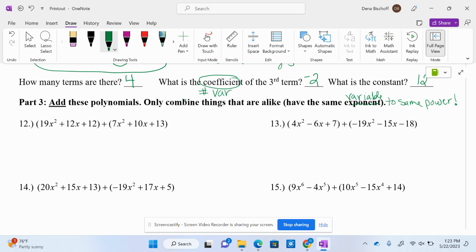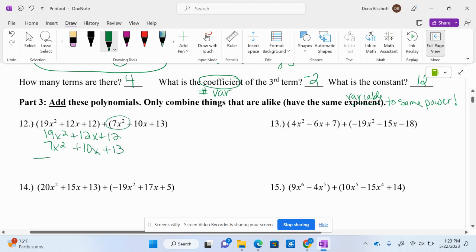So when we did these, my brain likes to work like when we started adding 3 and 4 digit numbers, I just stack them up. So the first one, 19x squared plus 12x plus 12. And right below that, I'm going to add 7x squared, lined up right below the 19x squared, 10x, and 13.